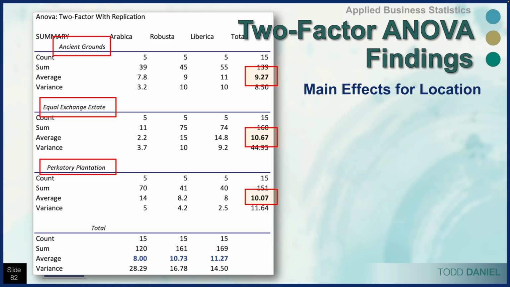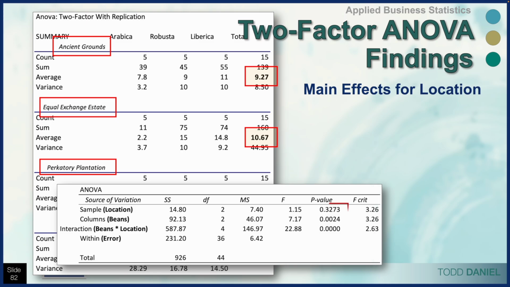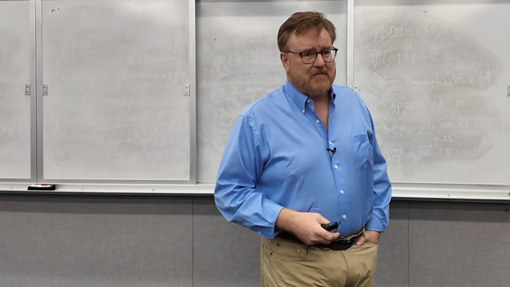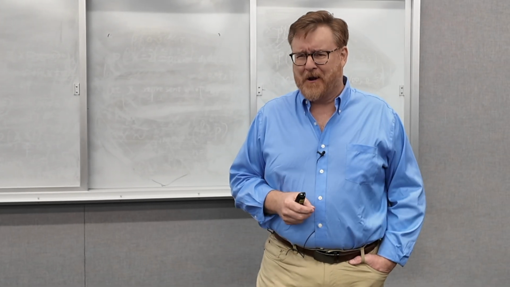To answer that, we're going to look at our ANOVA summary table, and we see for sample, which is the location factor, a p-value of 0.32, non-significant. What that means is there's no significant main effect for location. All of the beans grow the same no matter where they're grown. Well, that's kind of a disappointing finding.